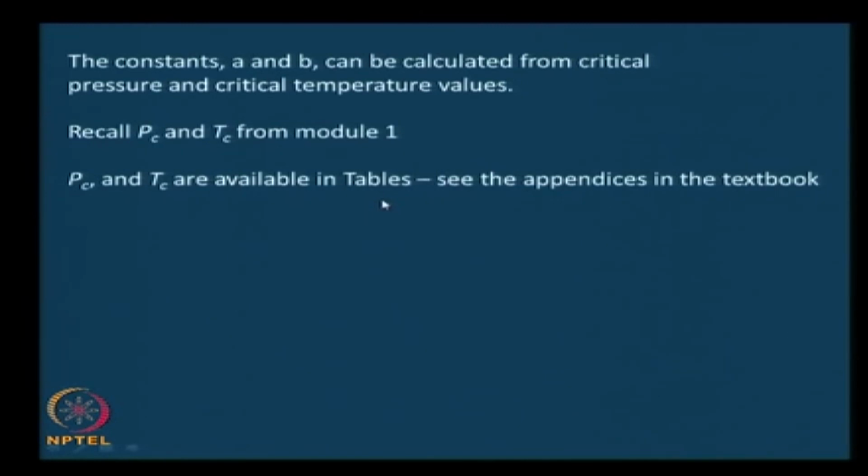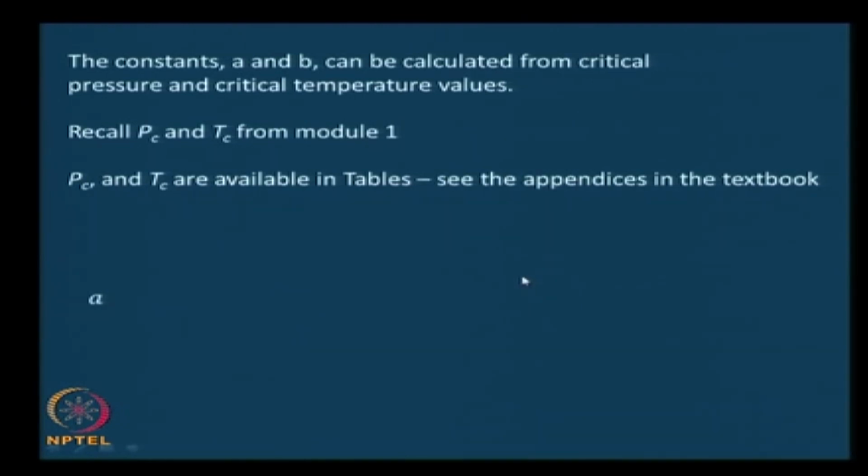Pc and Tc values are available in tables. They are available in one of the appendices in your textbook also, the Smith, Van Ness and Abbott textbook. There are values of Pc and Tc, the critical pressure and the critical temperature, given for various pure substances.